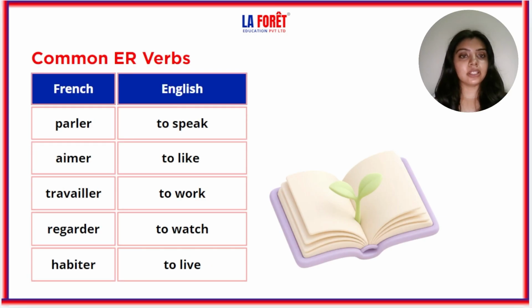Now some other common ER verbs: parler to speak, aimer to like, travailler to work, regarder to watch, and habiter to live. Let's repeat it once again. Parler, aimer, travailler, regarder, habiter.